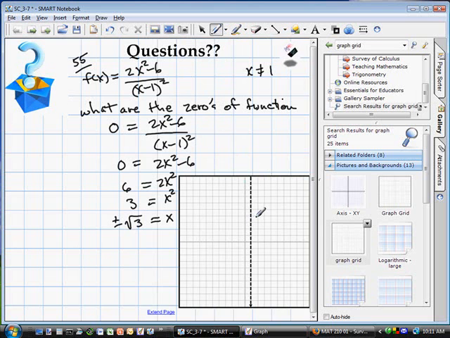So that would be, what is that, 1.73 or something like that, the square root of 3? Is that right? I wonder if my memory is right. Thanks. 1.73. I maybe should have made this bigger, but that would be about here, and that would be about there. Okay? All right.